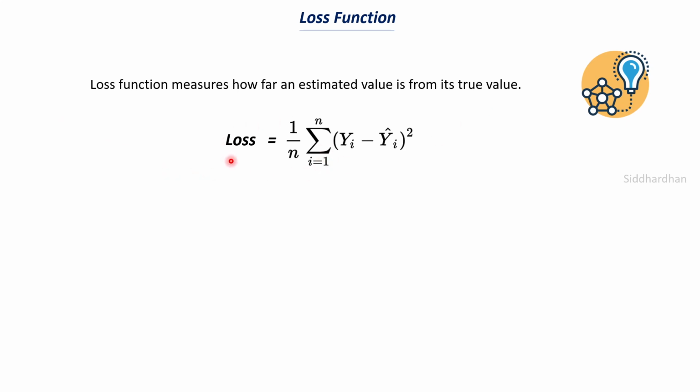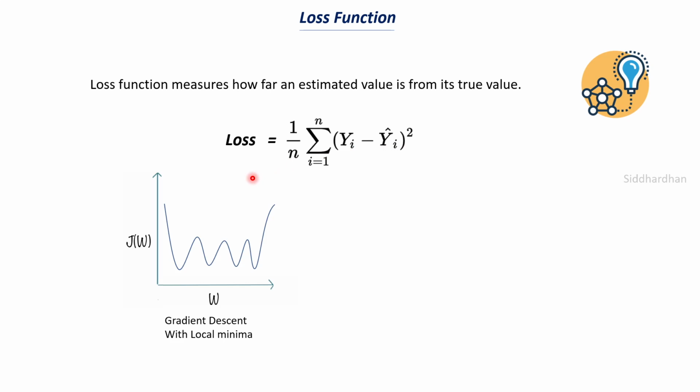If you use the same loss function which we used for our linear regression model, your gradient descent won't work properly. You will get a gradient descent curve something like this, and we call this a curve with multiple local minima. We generally take the loss function or cost function.